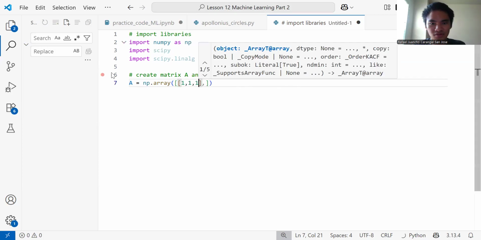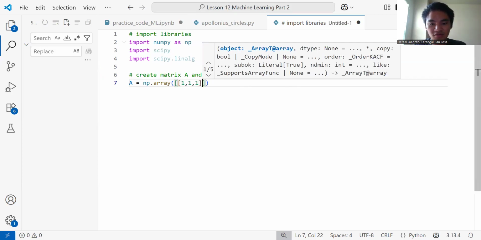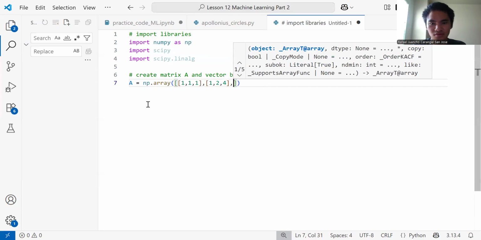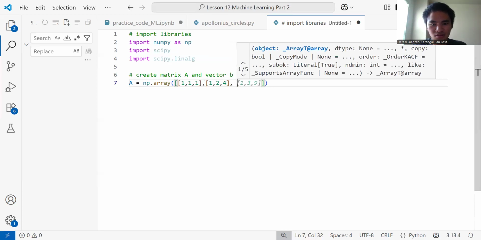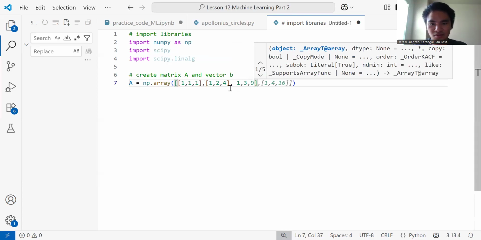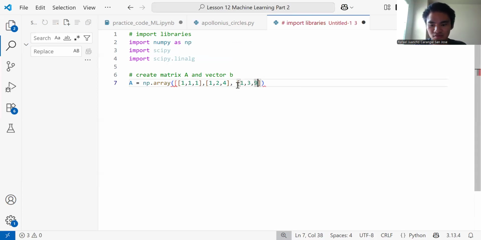A is just np.array. Let's do 1, 1, 1. So this is a 3 by 3 matrix, right? Let's do 1, 2, 4. And then 1, 3, 9. I hope this is visible.